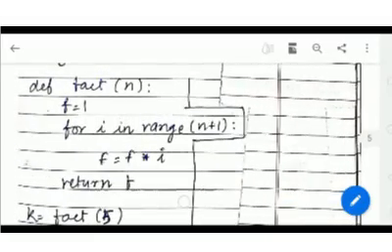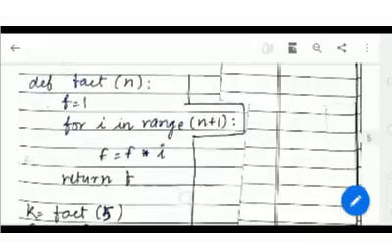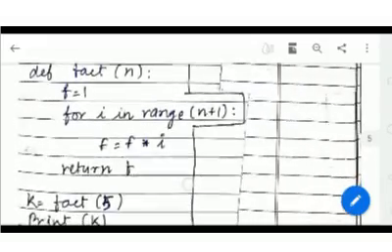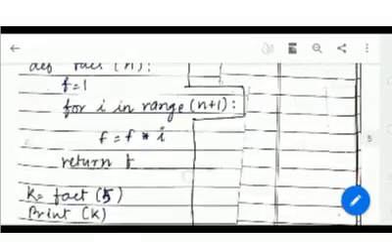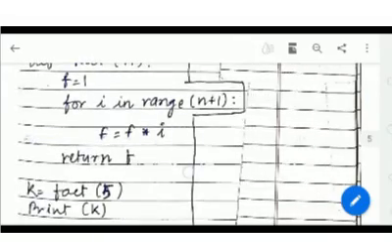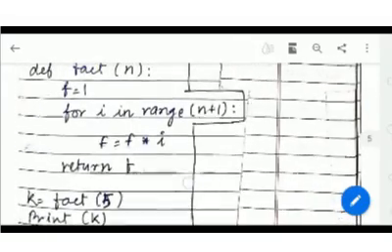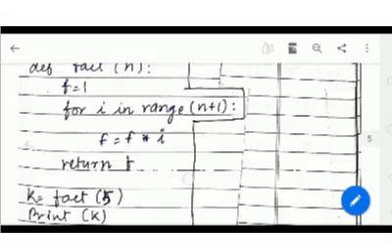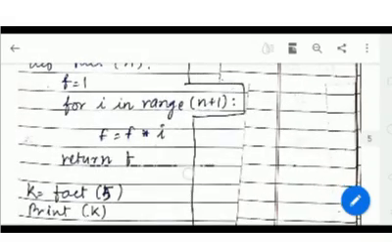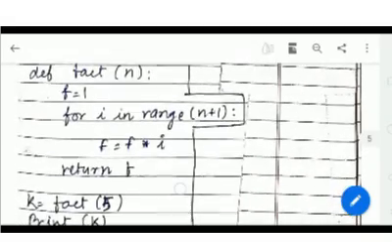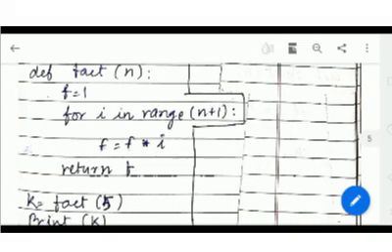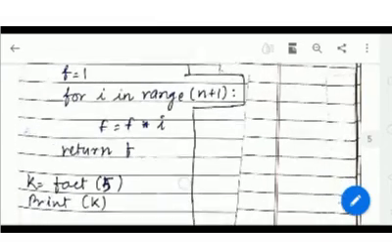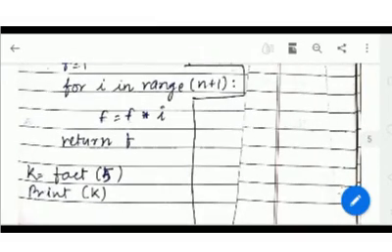So we have taken a multiplier f as 1, and I'm running a loop from 1 to n plus 1. So if n is 5, it'll run from 1 to 5. Now f is equal to f into i, and return f. So all the numbers from 1 to 5 will be multiplied and the result will be stored in f, and finally we'll return it.